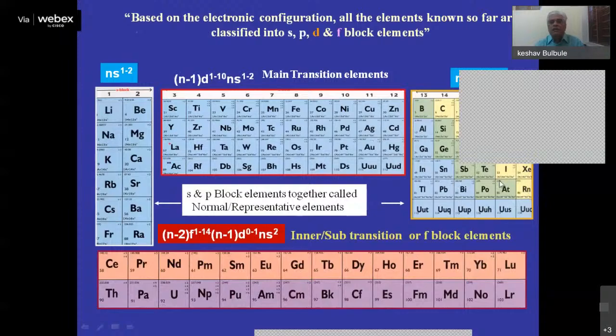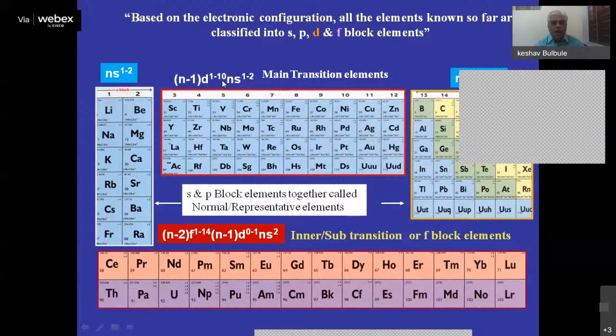This is another small patch, relatively bigger patchwork as compared to s block elements. In between s and p block elements, we have got a special class of elements called the transition elements or d block elements, and these elements have got the general electronic configuration of (n-1)d1 to 10 ns1 to 2.